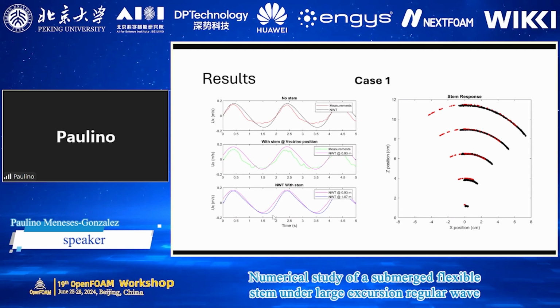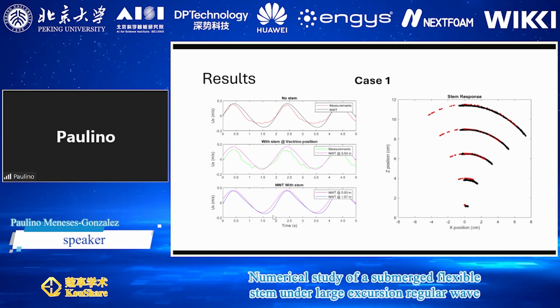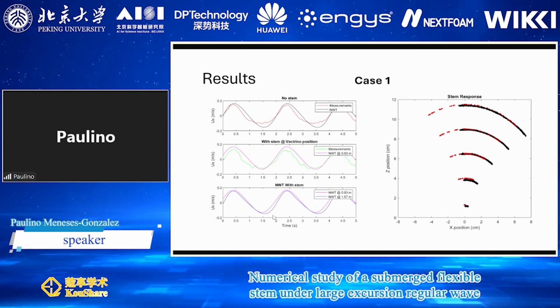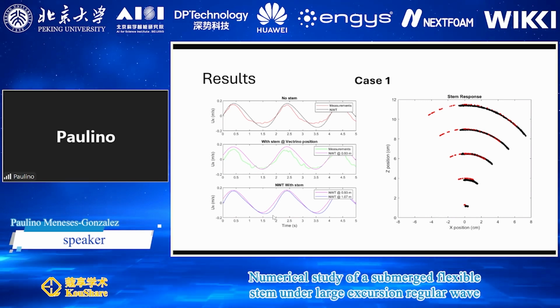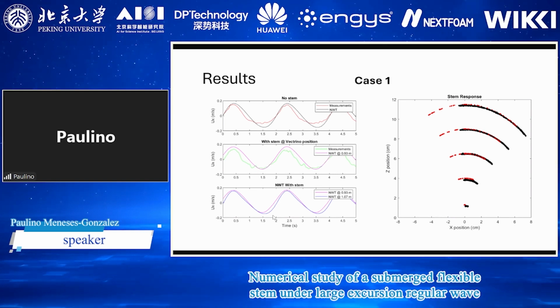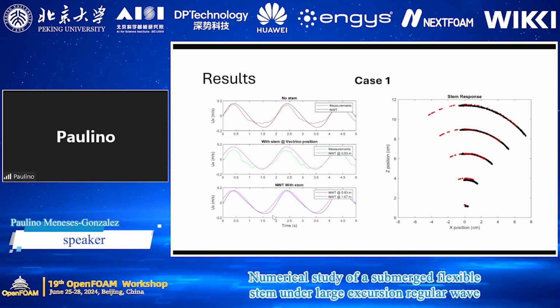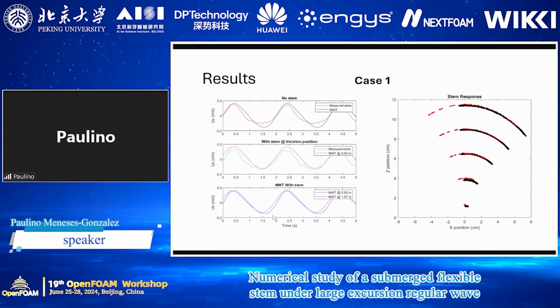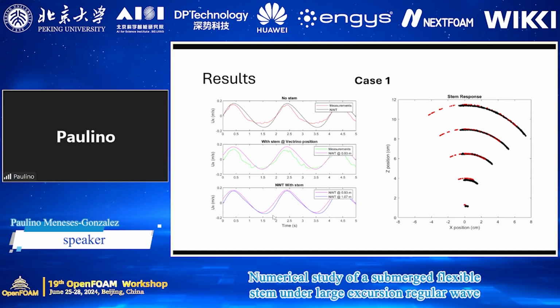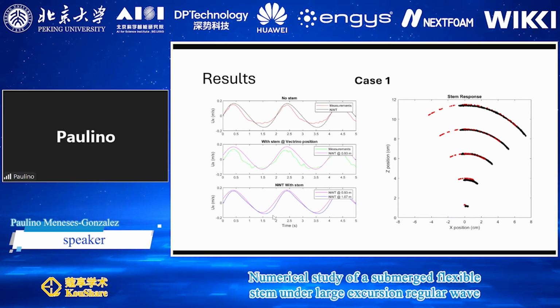But for the numerical model, it's really hard to put in this initial deformation. I'm working on it, but so far I haven't done it. The simulations are more or less in the same range of oscillation, but the simulation oscillates around the zero position.